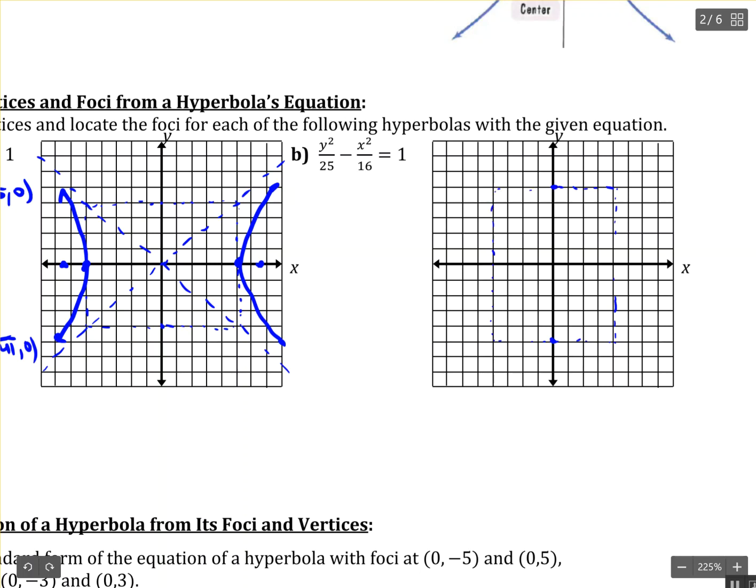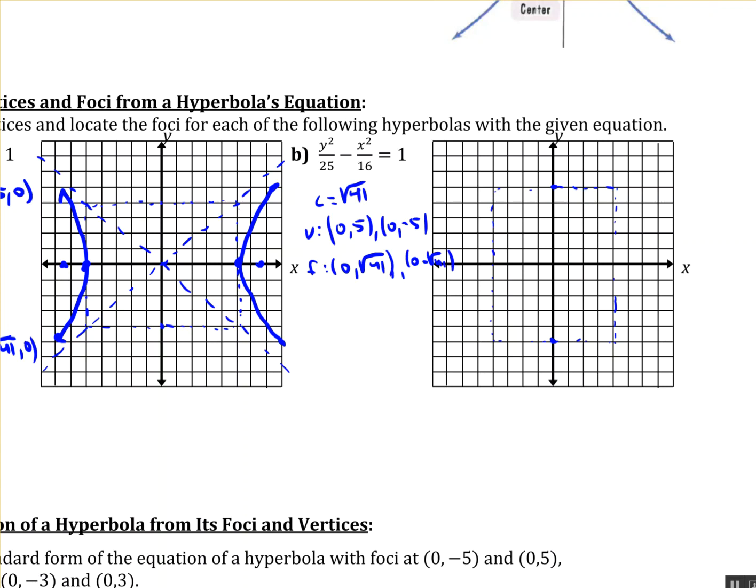My foci, again, c is equal to square root of 41. So my vertices were 0, 5, and 0, negative 5. And my foci are 0, square root of 41, and 0, negative square root of 41.